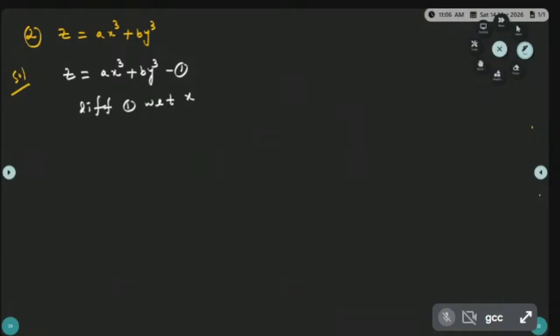First differentiation is with respect to x.